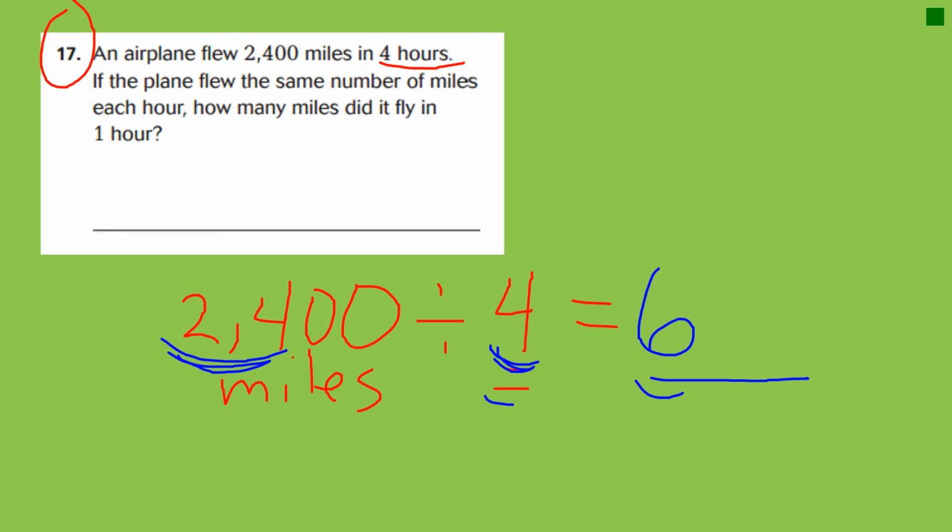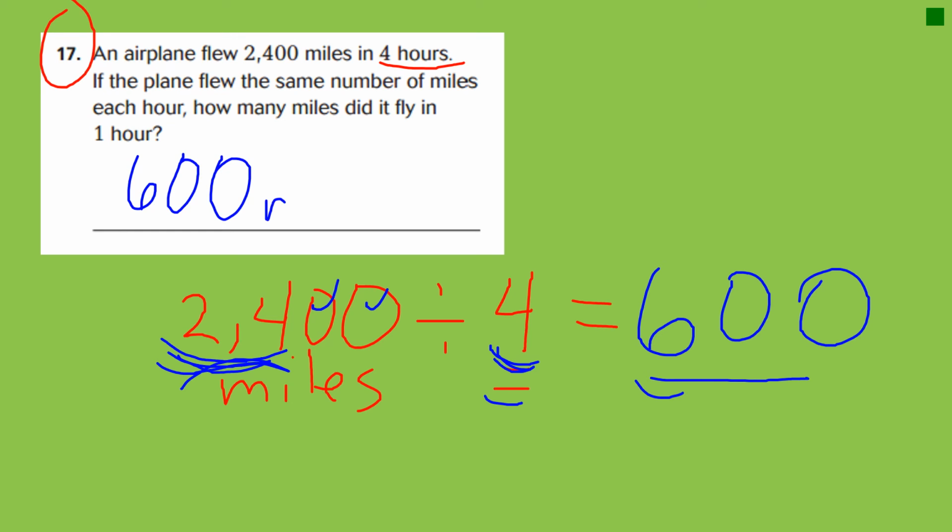So 6 times 4 is 24. 1, 2, a onesie, a twosie. Okay, so it flew 600 miles each hour. All right?